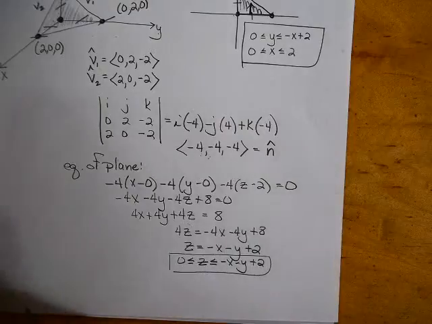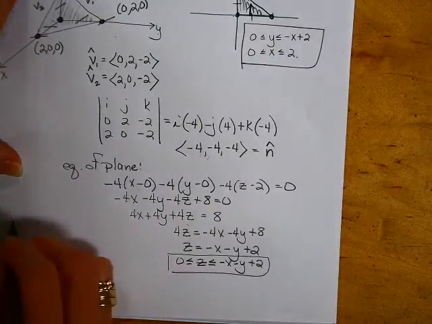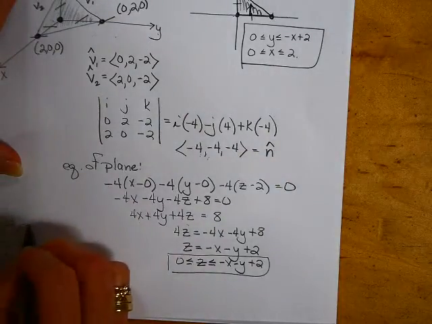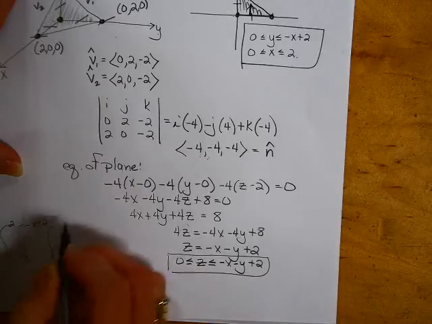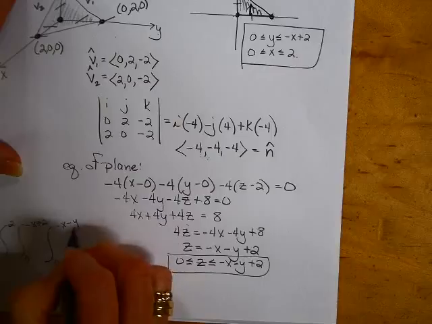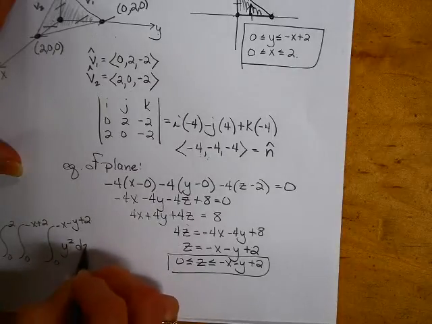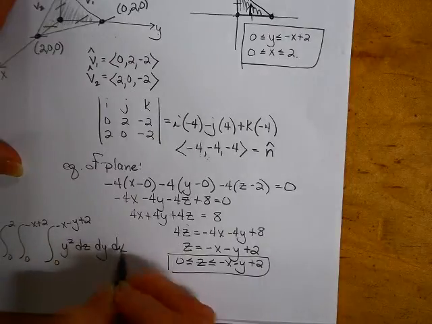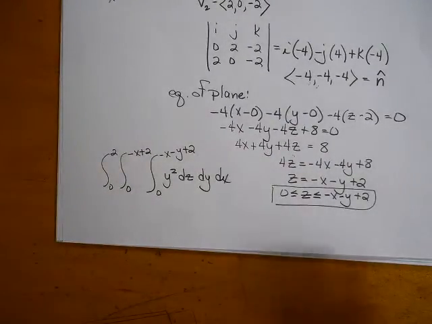Okay. So back to my integral. The 0 to 2 has got to be on the outside. The next one has got to be my y's, which are 0 to negative x plus 2. Then I'm doing my z's, which go from 0 to negative x minus y plus 2. And I'm integrating y squared with respect to z, then y, then x. And once you get that done, that's it.